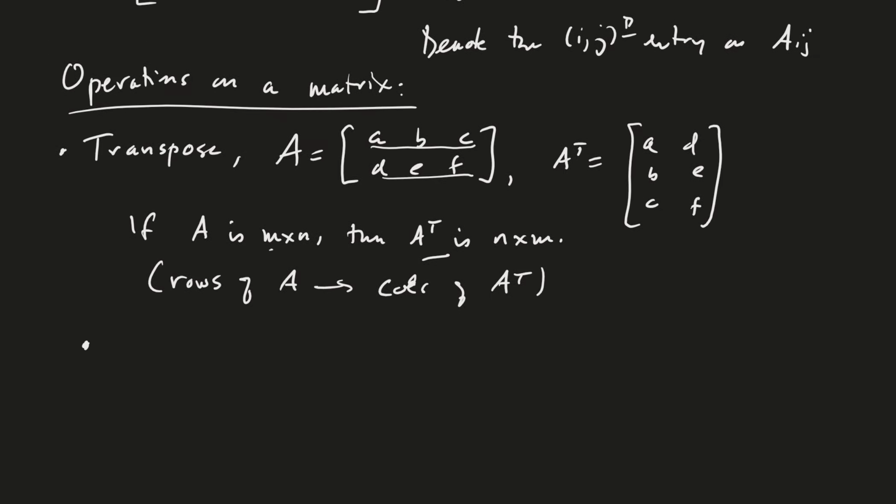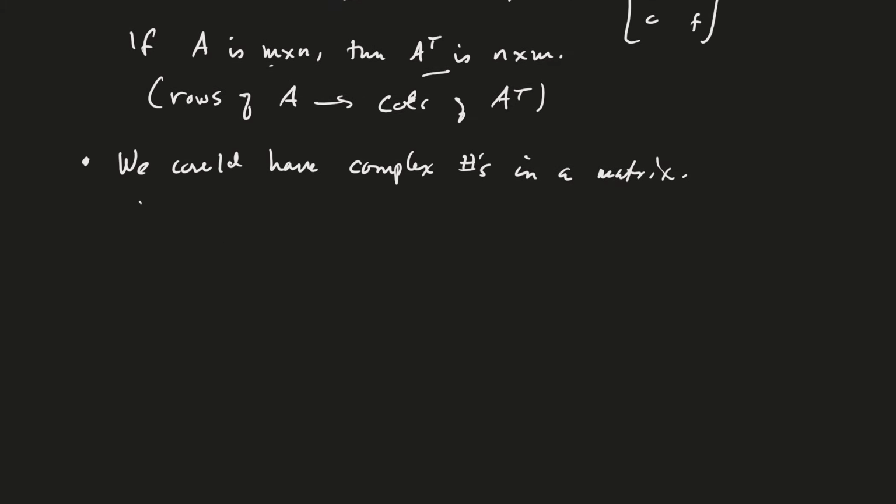Now, different from linear algebra, where we only dealt with real matrices, we could have complex numbers in a matrix. So, for example, 1 plus i, 2 minus i, 3, 4 plus i.